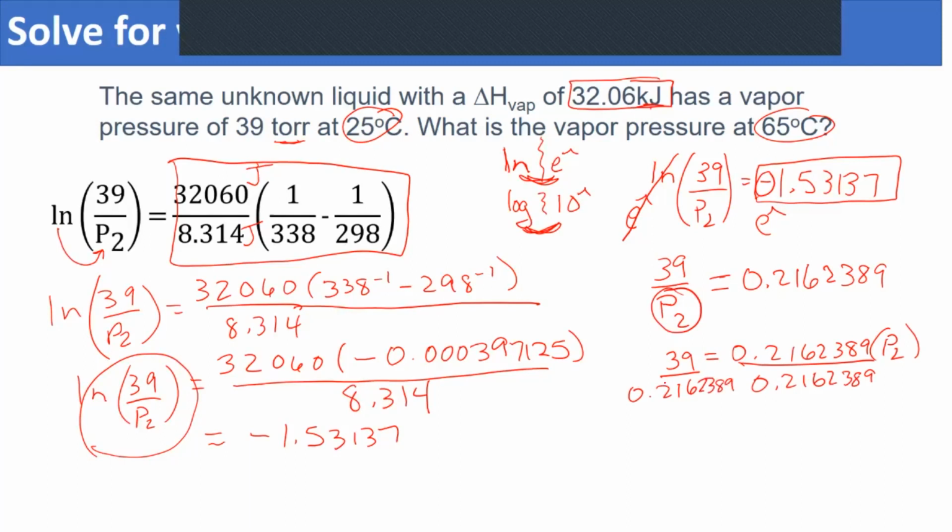So 39 divided by that number gives 180.36, and that is equal to P2. That covers some of the different math using these equations and natural logs.